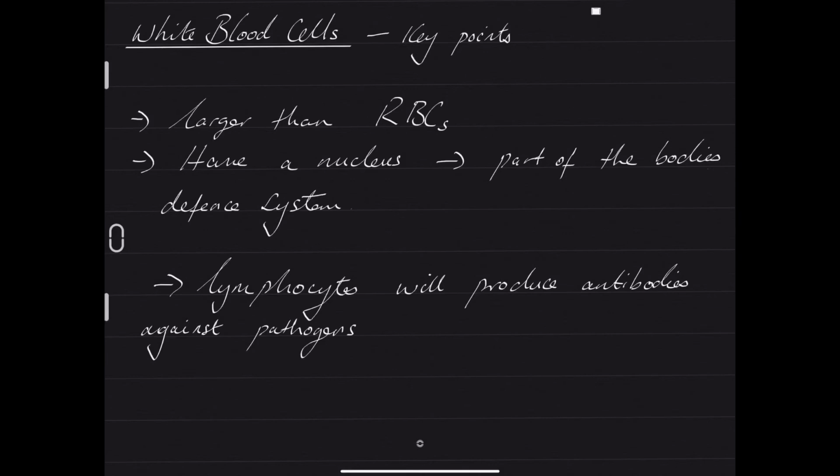Then we have other types that form antitoxins. And others perform a process known as phagocytosis, which is engulfing and digesting bacteria and viruses.